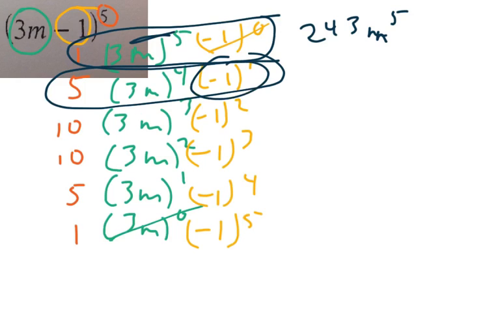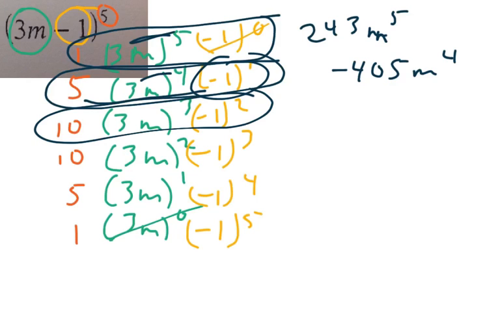There's a negative 1 to the 1, which is simply a negative 1. Times 5 is negative 5. Times 3 to the 4. Everyone see the 3 to the 4 there. So 3 to the 4 is 81. And I have to times by a negative 5. So I'm going to end up with a minus 405 m to the 4.